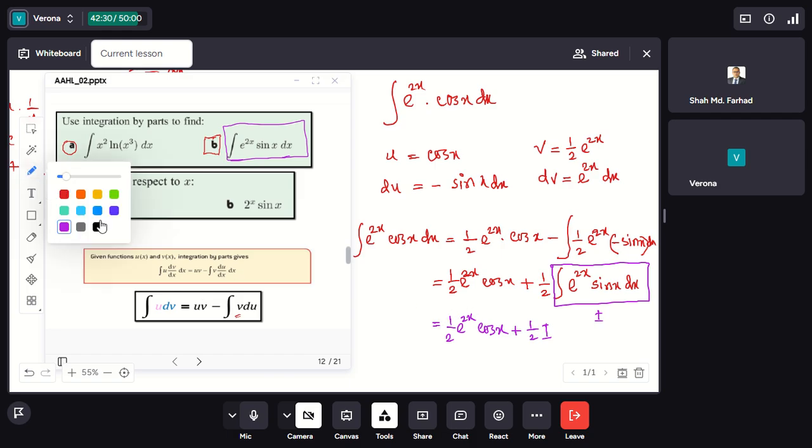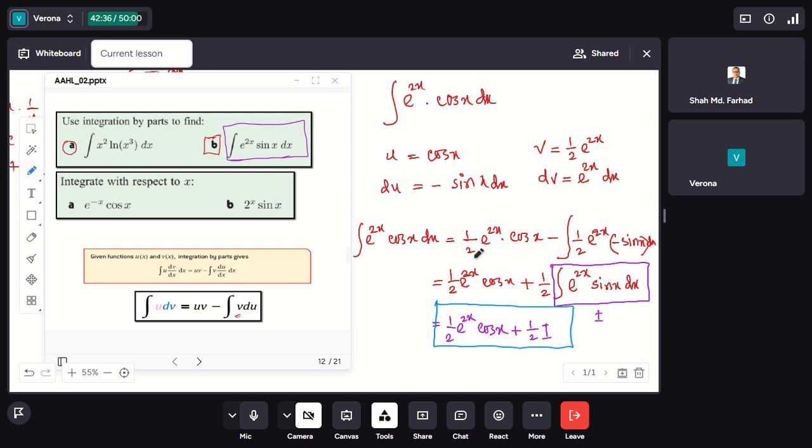Now we have to substitute the value of this in place of this.